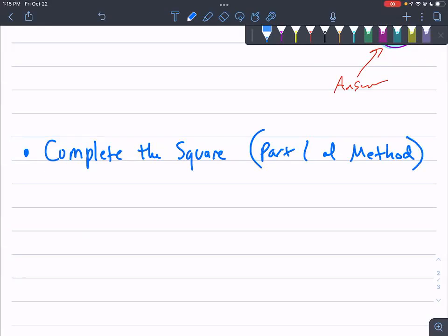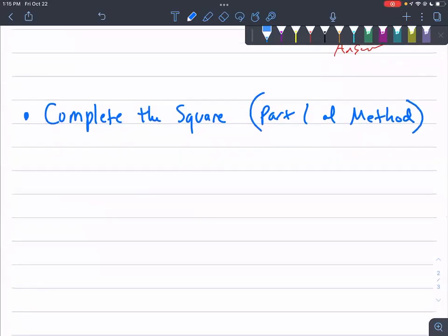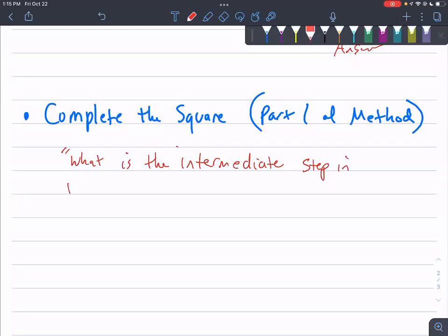Complete the square, part 1 of the method. The instructions will say, what is the intermediate step in the form x plus a squared equals b?